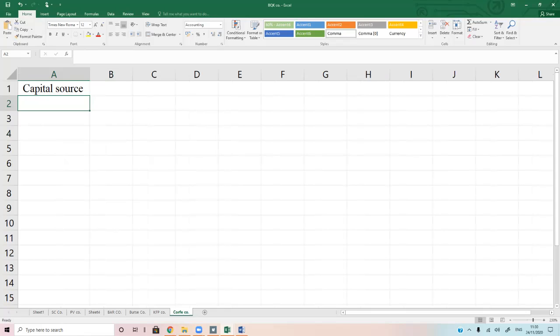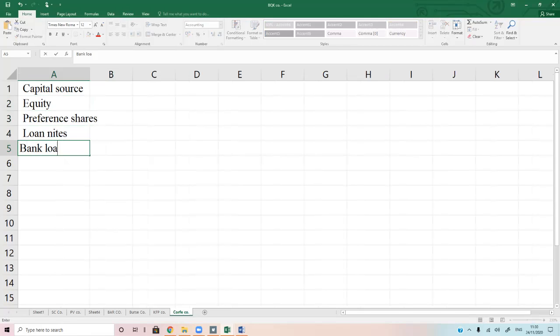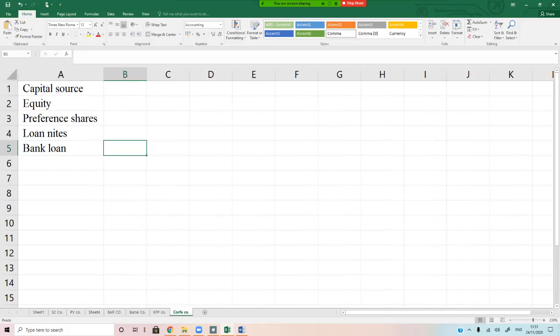So we can say equity, then you have the 6% preference shares, next we have notes, and next we have bank loan. Next we need to get the market value.